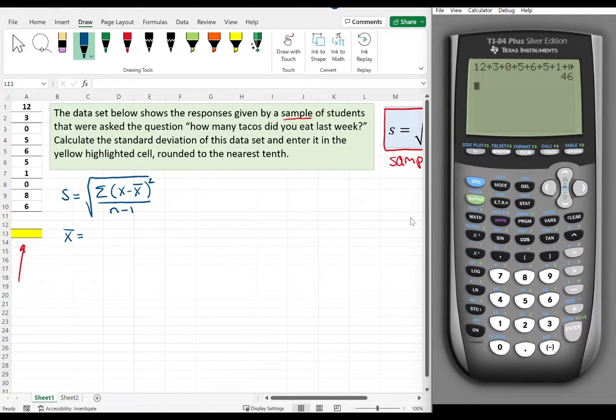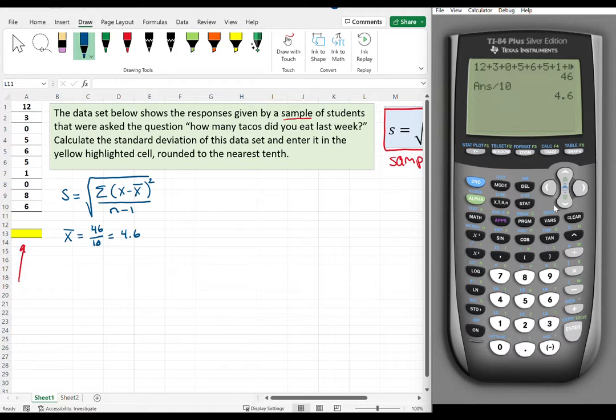And we have to divide that by 10. So let's write that here. 46 divided by 10, which is going to be a mean of 4.6. We can do it here on the calculator as well. Okay, so the mean response to this survey was 4.6 tacos last week. You know, the people I survey, they eat tacos pretty often, as do I.